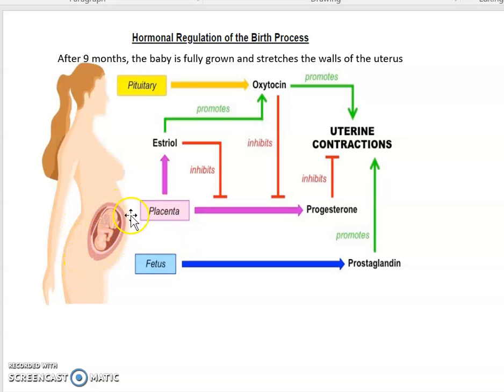So during pregnancy, progesterone levels are high. Towards the end of the third trimester, progesterone levels will decrease. And because progesterone levels decrease, you remove the inhibition which is placed on uterine contractions. That means that you've got oxytocin being released, which causes contractions, plus the inhibition being lost that allows this to take place. Another thing that takes place is that during the end of pregnancy, estrogen levels will increase slightly.